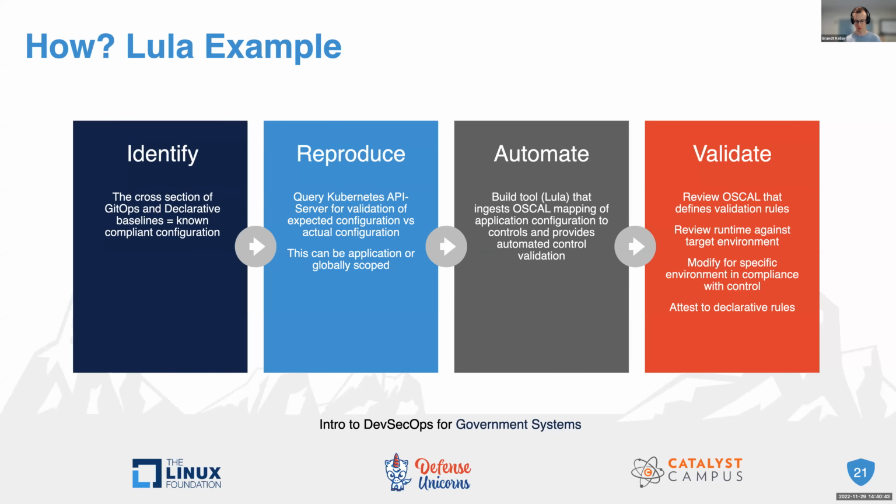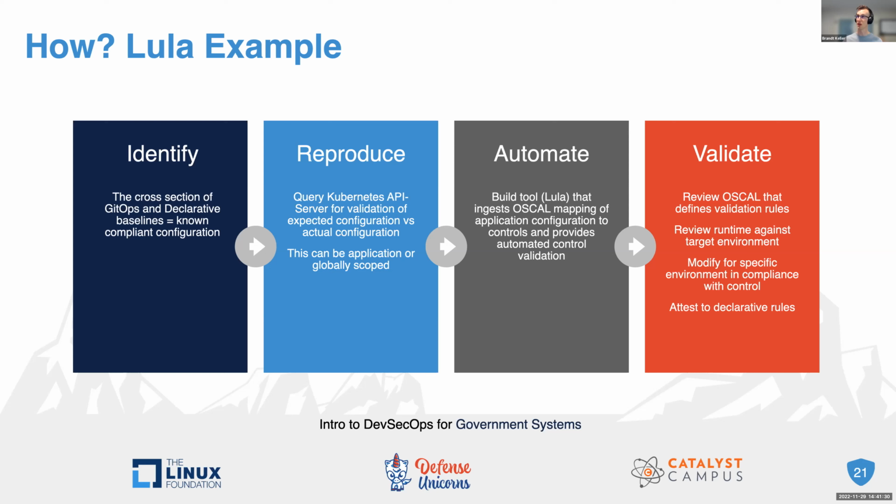And really what this looked like for us when we were proving out this theory was, we know Kubernetes, we've sat through discussions on containers and Kubernetes today, but we know that it's a declarative system, and based upon the cross section of things like GitOps, DevSecOps platforms, and the declarative nature of how Kubernetes runs, we are declaring the configuration that we expect to be present, and we can start to say, well, based upon the configuration of this live system, mind you, let's check and make sure that it's in the correct configuration.